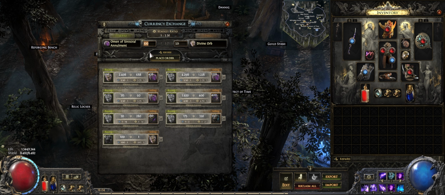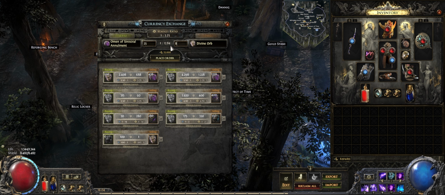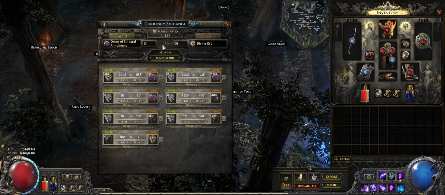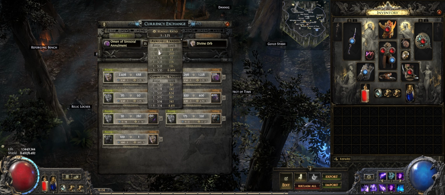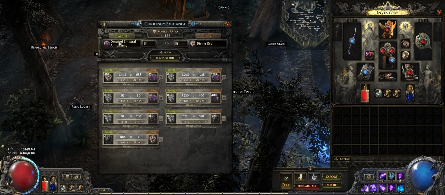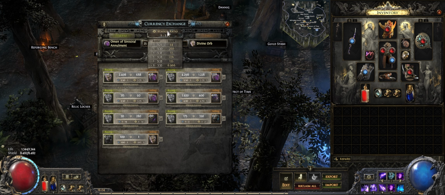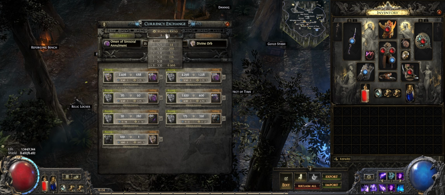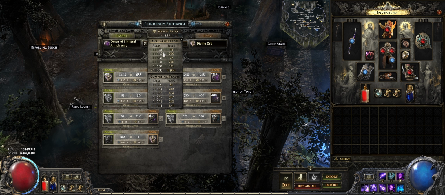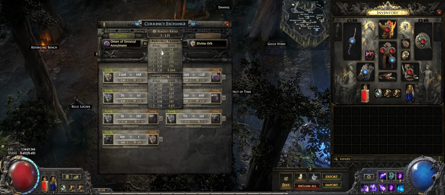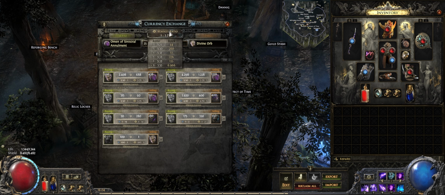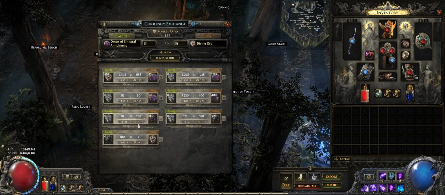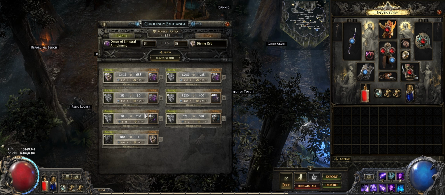So I simply put in 25 right here and 81 right here, and it shows us exactly this value. So we'll be the next guy who will be buying this omen. Even if you're only trying to save just a couple of divines, it helps you a lot because you can just undercut the guys who are selling this, and you will get a pretty fast trade. And yeah, it helps you a lot in a lot of different ways.